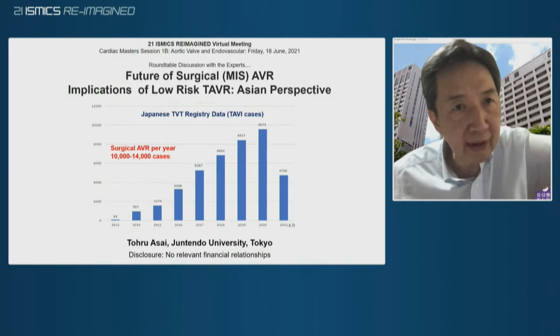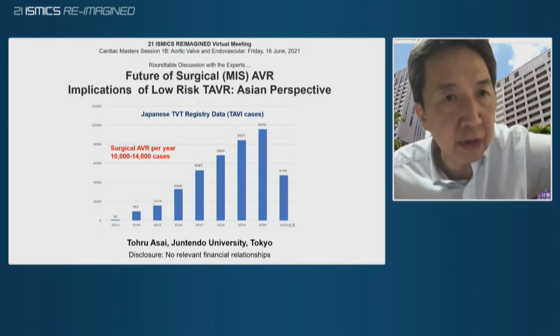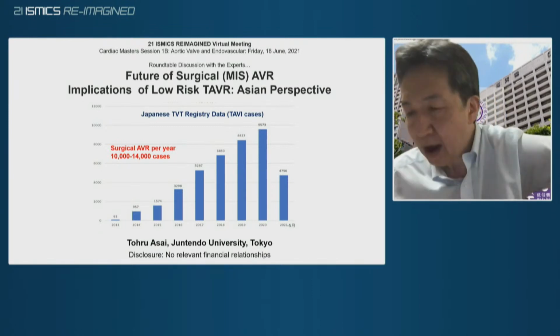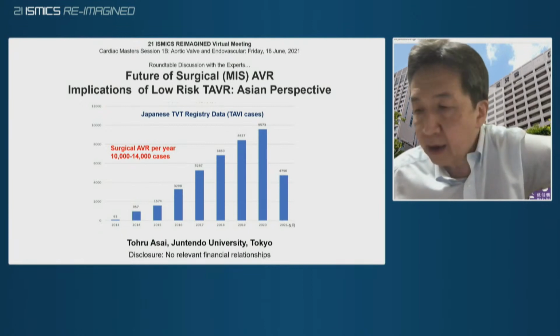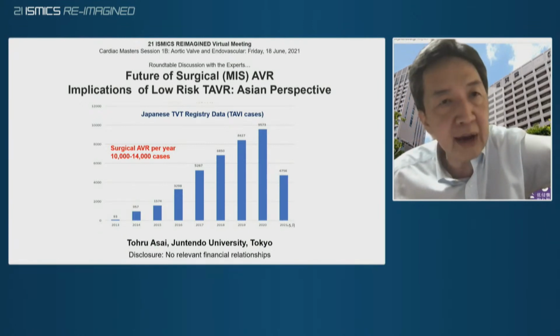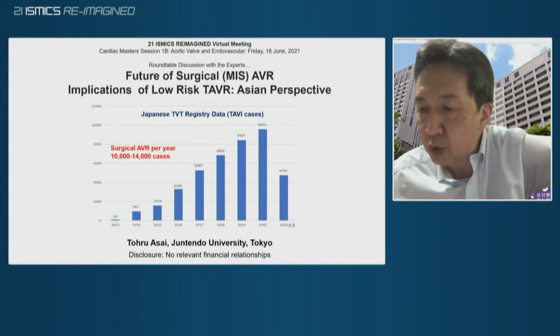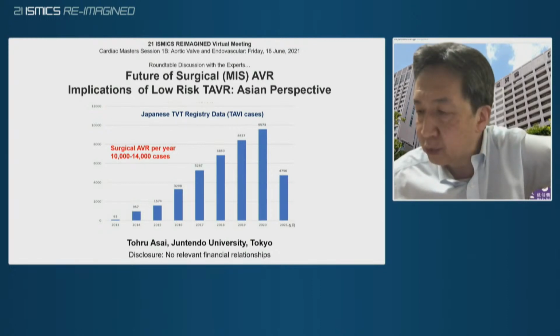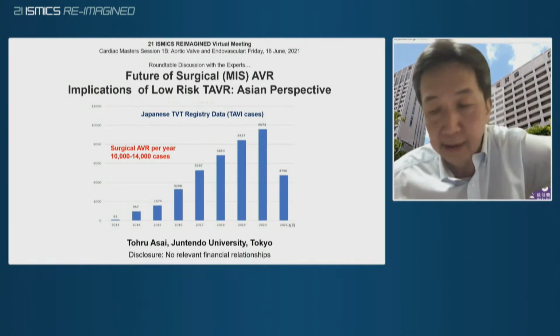In Japan, we have the most successful communist system, ironically. Okay, so I think the cost of TAVR is probably the same as in other countries, but we do have probably 10,000 US dollars for the procedure, and the TAVR valve is actually 45,000 US dollars.